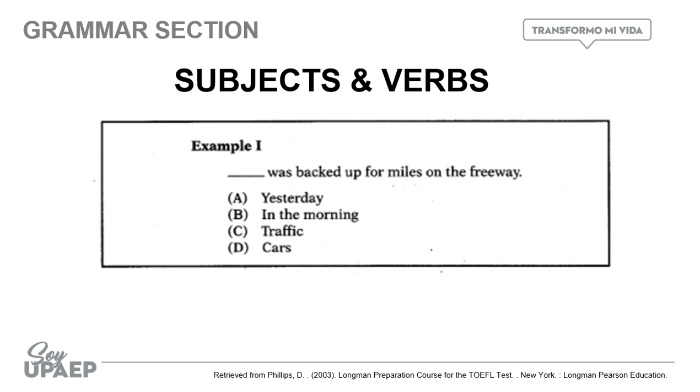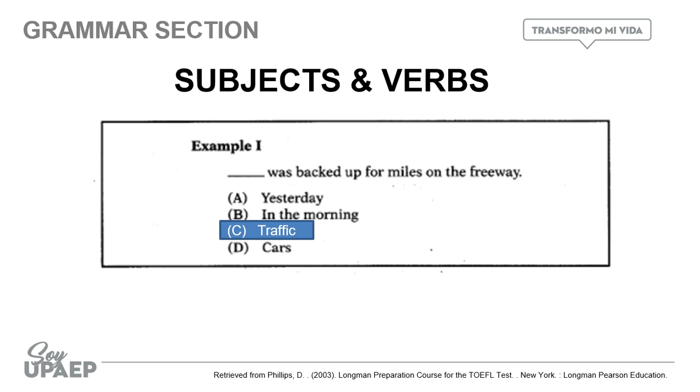Traffic or cars? Very nice. The answer is traffic. Traffic was backed up for miles on the freeway. Why? Because you need a singular noun because the verb is was. So be sure that every single time that you analyze a sentence, you try to identify what you are missing, a subject or a verb.